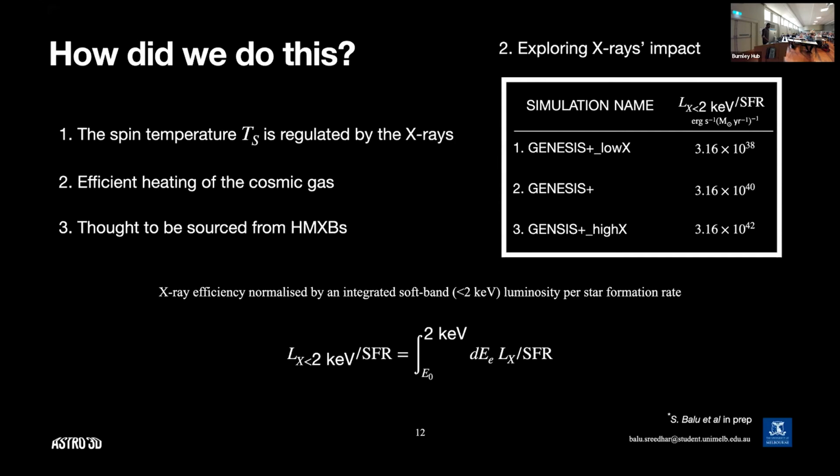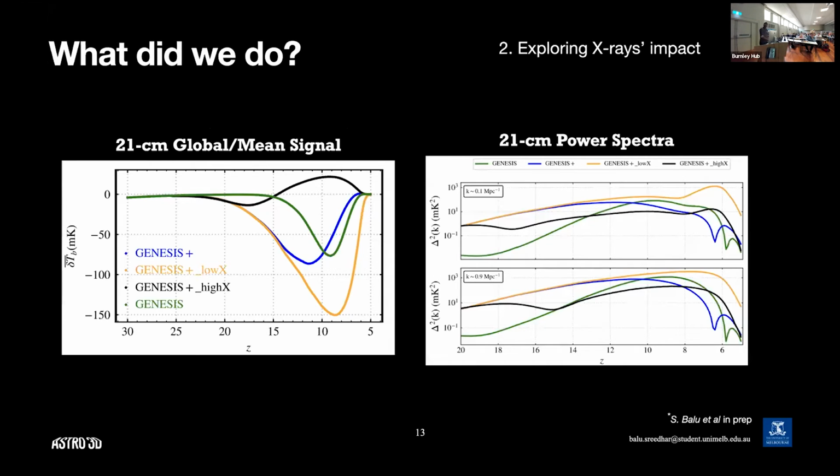What you need to notice from this is not the exact value of these X-rays, but that the low X obviously has fewer X-ray photons in the early universe, and the high X has more X-ray photons in the early universe. Now, if you look at these EOR signals where I'm varying the X-rays, you can see that it actually makes sense.